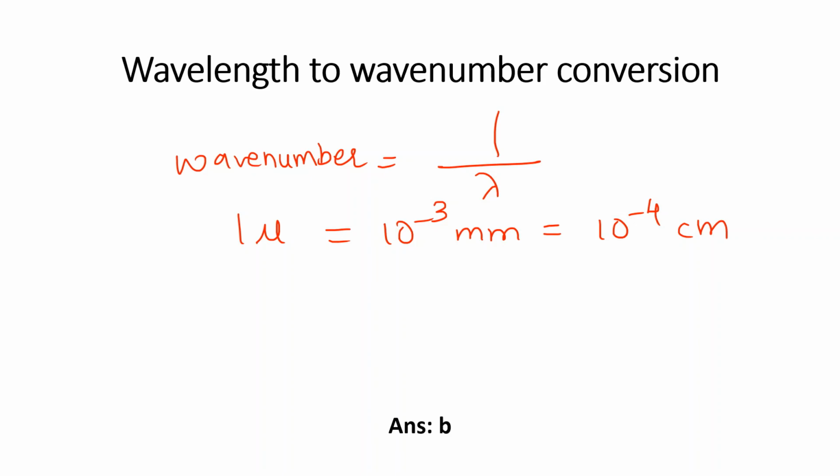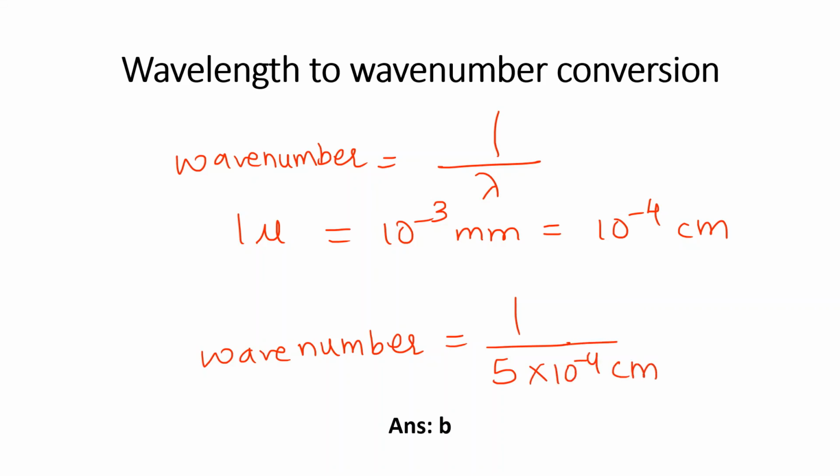Here we have to calculate wave number, which is equal to 1 upon 5 into 10 raised to minus 4 centimeter. So if you calculate it, you will get the answer as 2000 centimeter inverse. So option B is the correct answer, 2000 centimeter inverse.